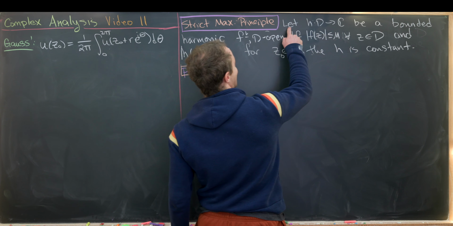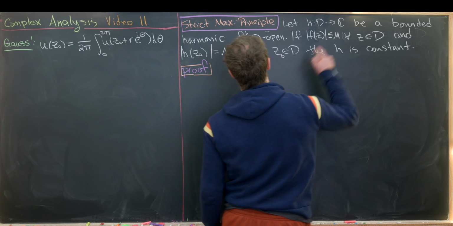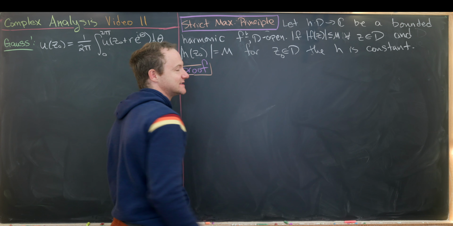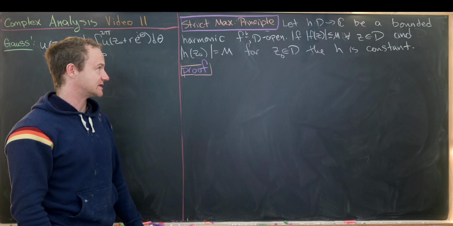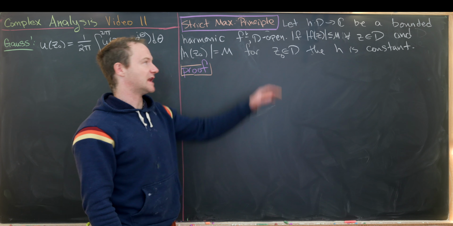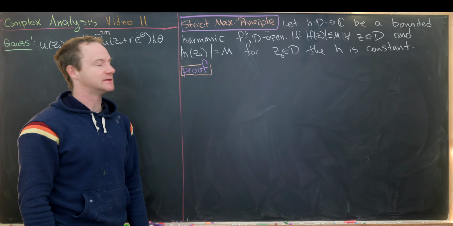So we want to let h go from D to C be a bounded harmonic function where D is open and simply connected. I haven't written that there because I don't really have room, but it's open and simply connected.